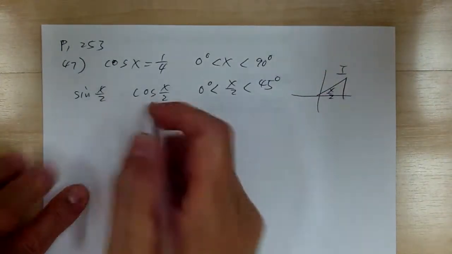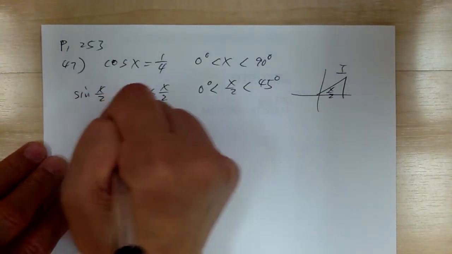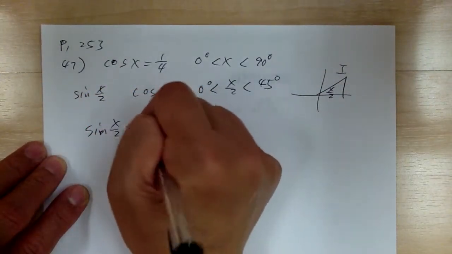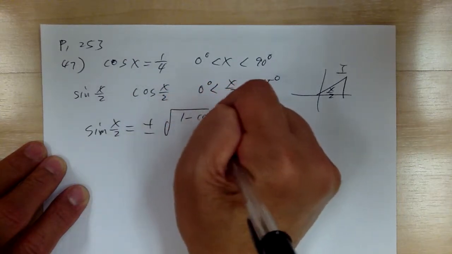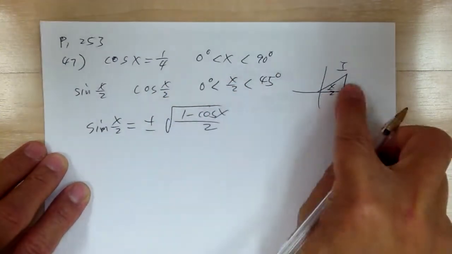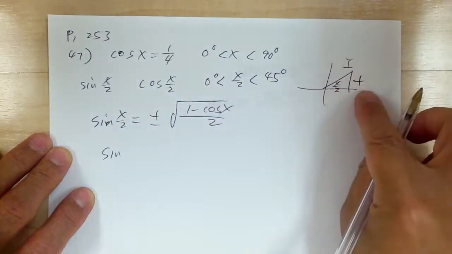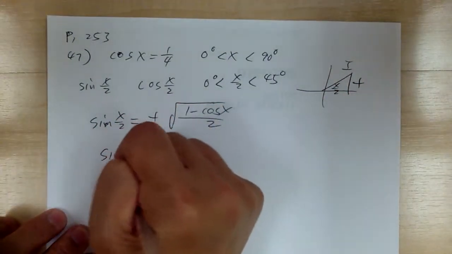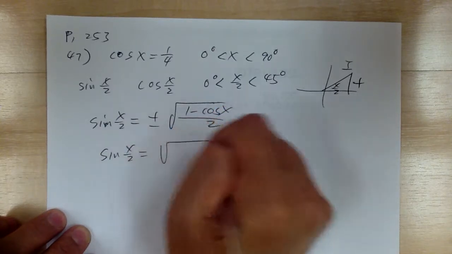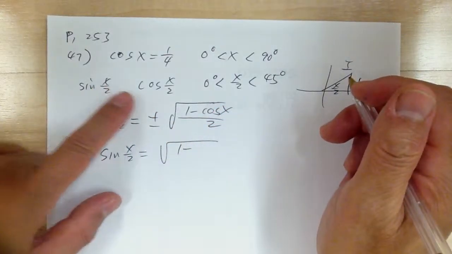So when you're doing the plus or minus, you can use that to figure out that it's going to be a plus, because over here sine is positive. So it's going to be 1 minus, and then you have to draw one more triangle.